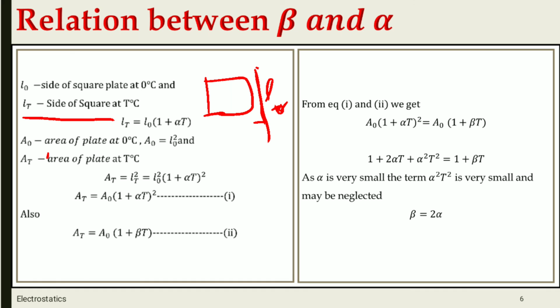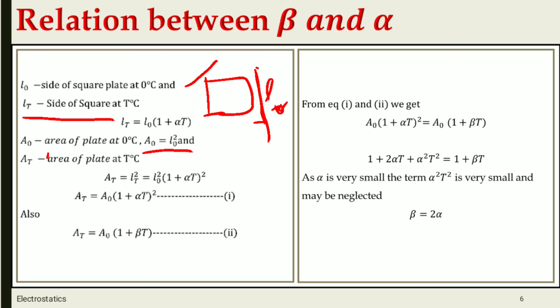Okay, so now this plate which we have considered is having area A0 at 0 degrees Celsius. So how we can calculate the area of a square? That is, area of a square is equal to its length square. So A0 is equal to L0 square.